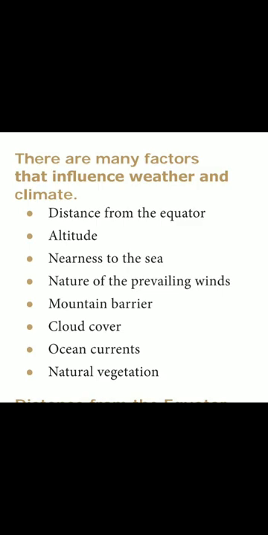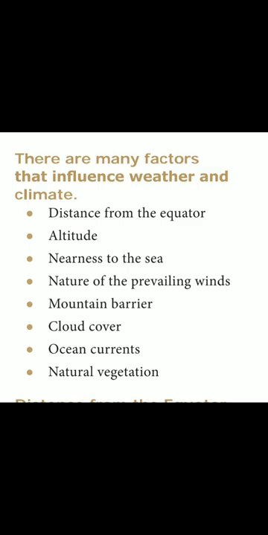When it blows from a colder region, it makes the place cold. The onshore wind causes rainfall, making the place cool, whereas the offshore wind brings dry weather. That is the nature of the prevailing wind.